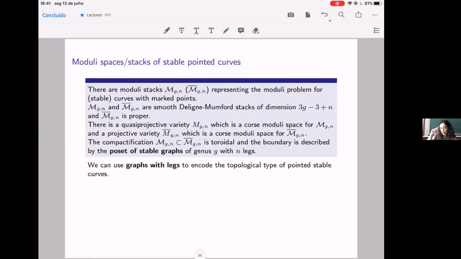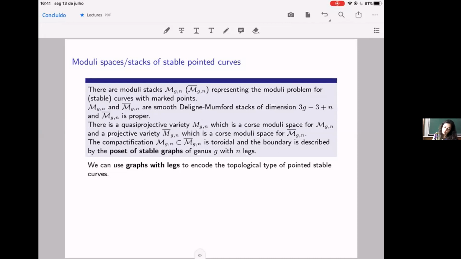The reason why I want to mention the stack here, even if I'm not telling you very precisely what that is, is that it's important to consider the stack in order to have this fact hold. Afterwards, when we want to relate the compactification of the moduli space with the tropical moduli space, it's important that the space you started with is compactified in a toroidal way, meaning that locally it's like a torus inside a toric variety, more or less.